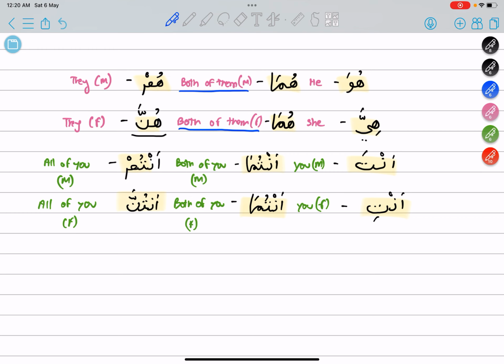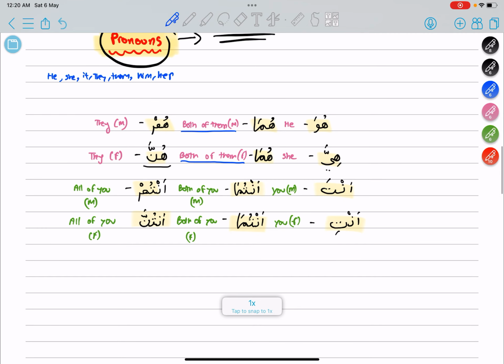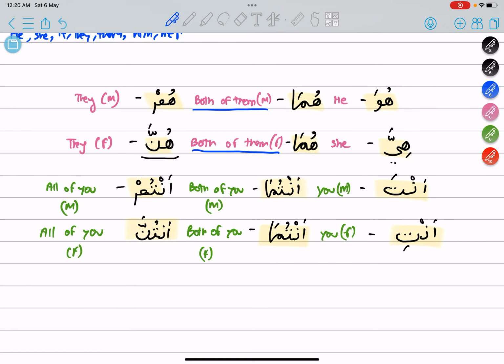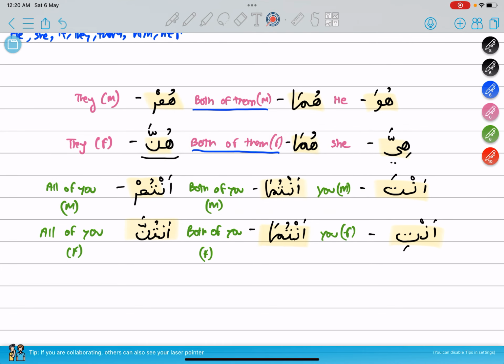Try memorizing it in an order first. Once you've memorized that, you can ask yourself from any place, and you want that to be memorized by heart. Anta means you, antuma means both of you, antum means all of you.